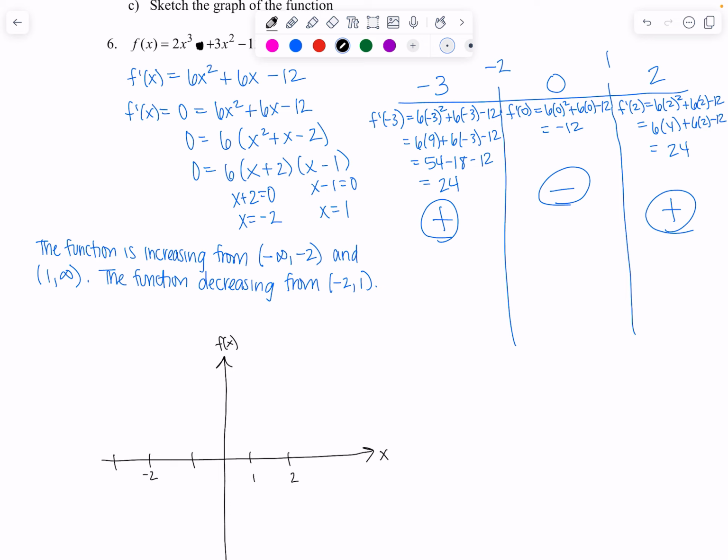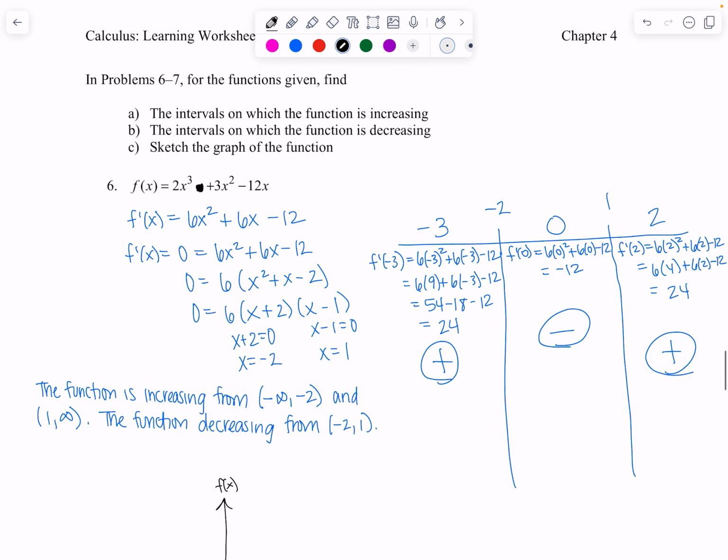So it's telling us that it is going from increasing to decreasing to increasing.